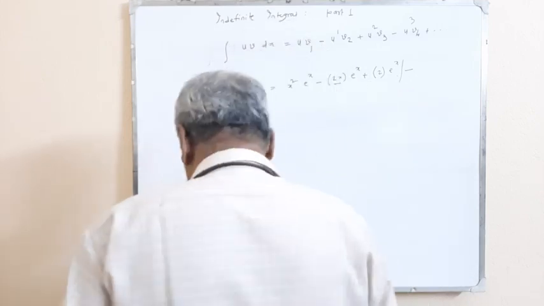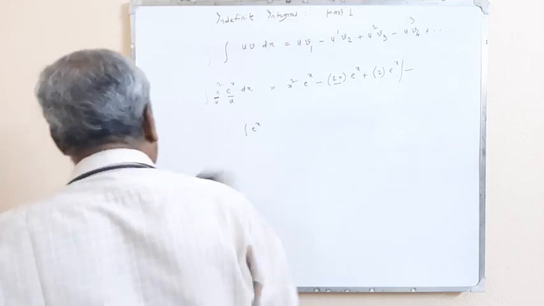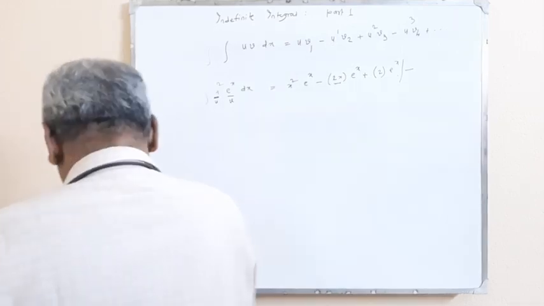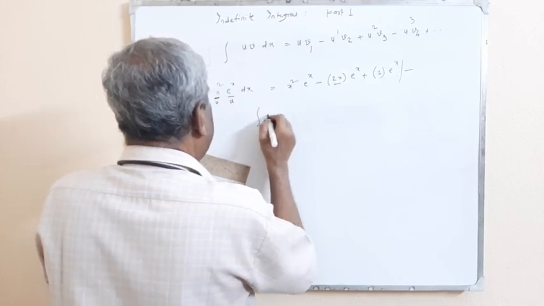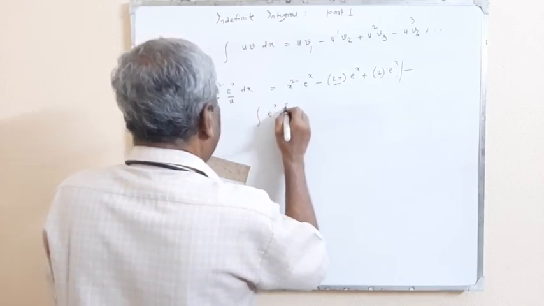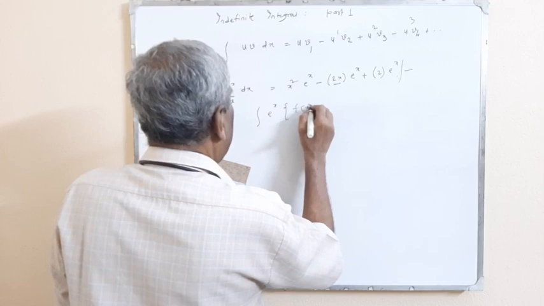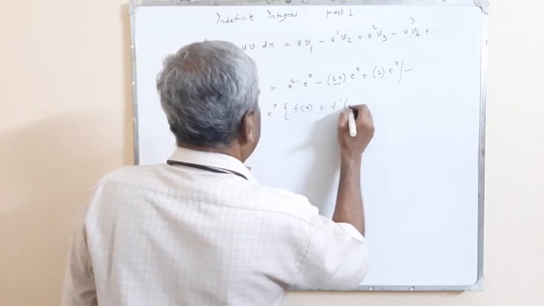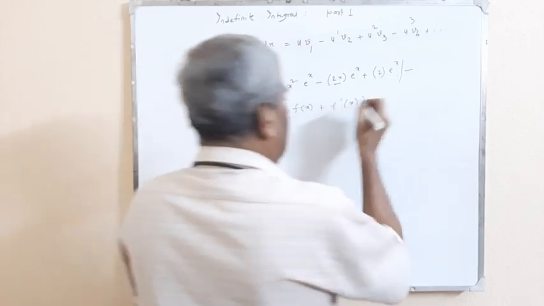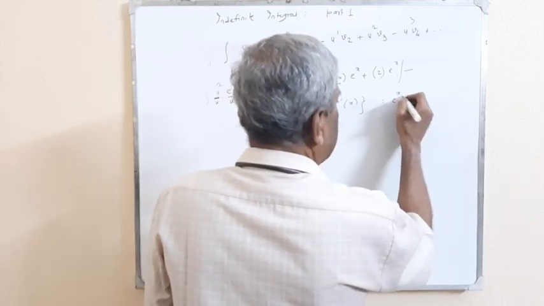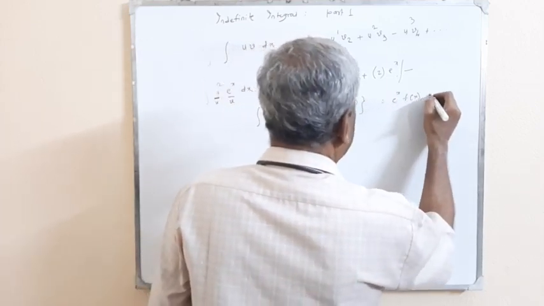One more formula. If the integration is of that type, e to the power x into (fx plus f dash x), the result is e to the power x fx plus c.